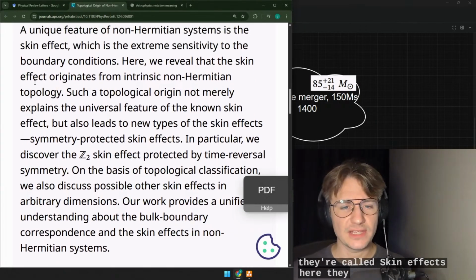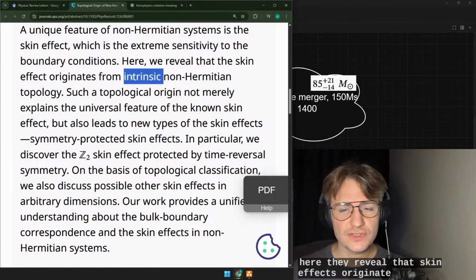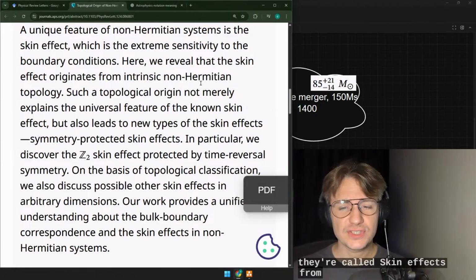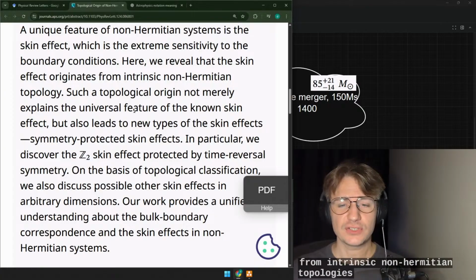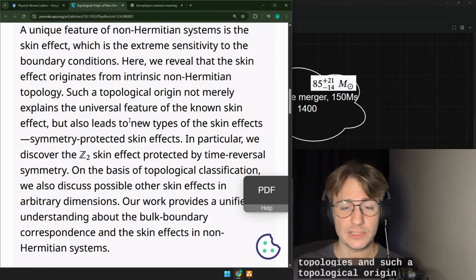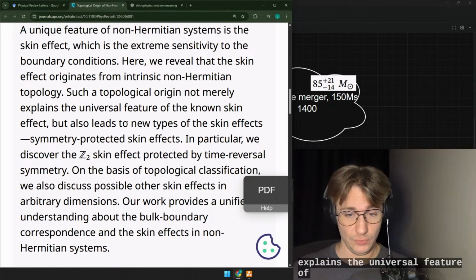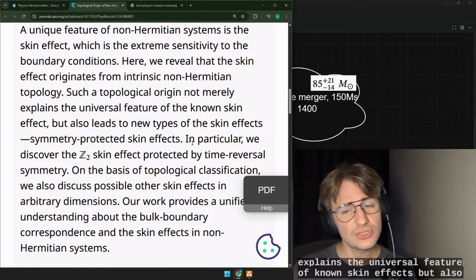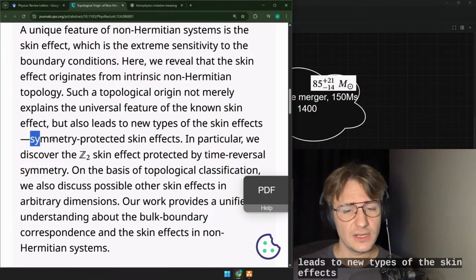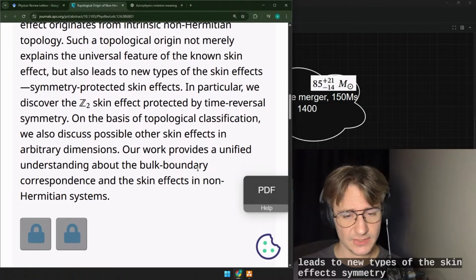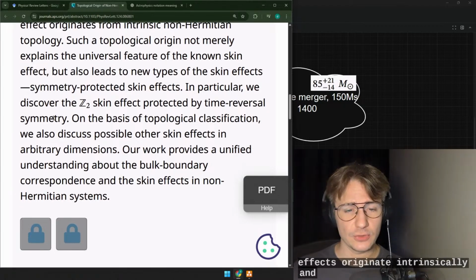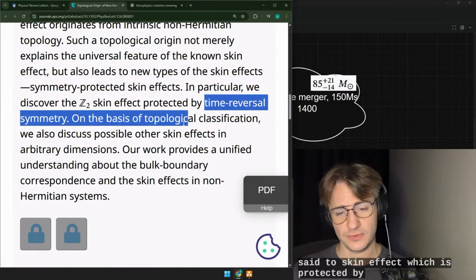Here, they reveal that skin effects originate intrinsically from non-Hermitian topologies, and such a topological origin not merely explains the universal feature of known skin effects, but also leads to new types of skin effects, symmetry-protected skin effects.